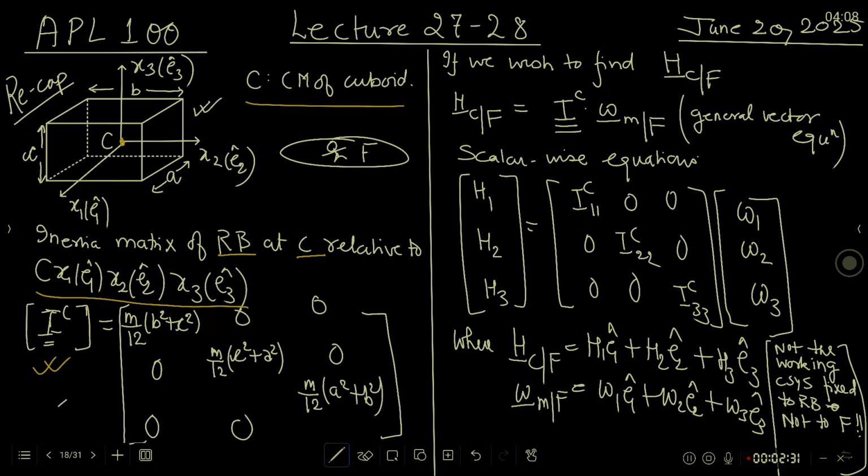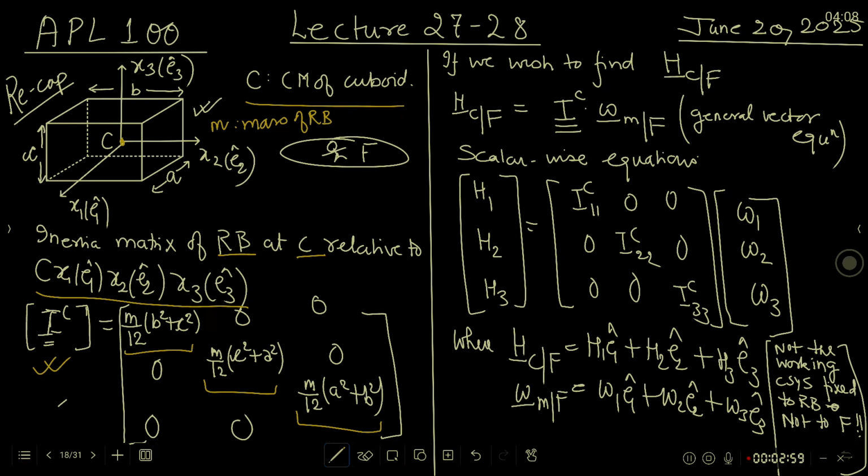Indeed, I performed the full integration to arrive at these three diagonal components, where M is the total mass of the RB, and A, B and C are the different edge lengths.